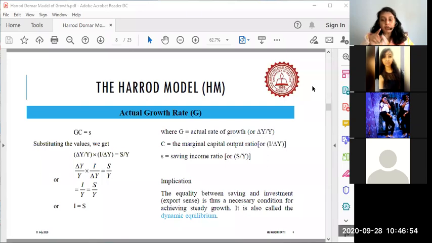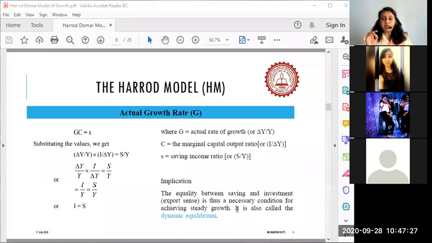So over here the word export means you're sending savings to investments, that is, you're asking savings to be invested in the economy. The equality between saving and investment is a necessary condition for achieving a steady growth rate, and it is also called dynamic equilibrium.